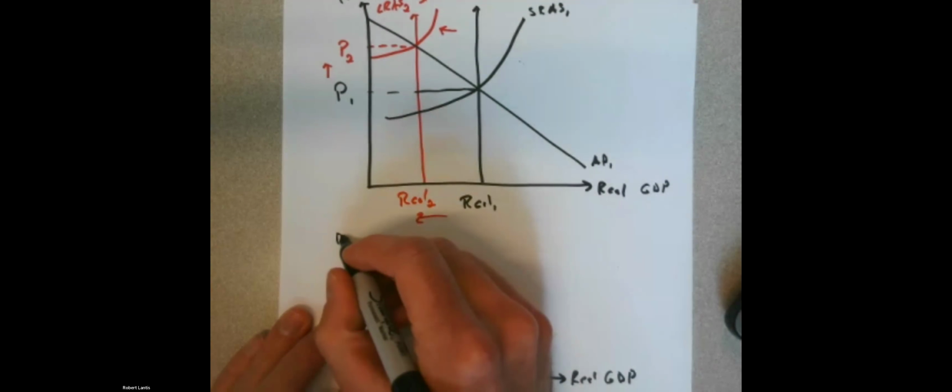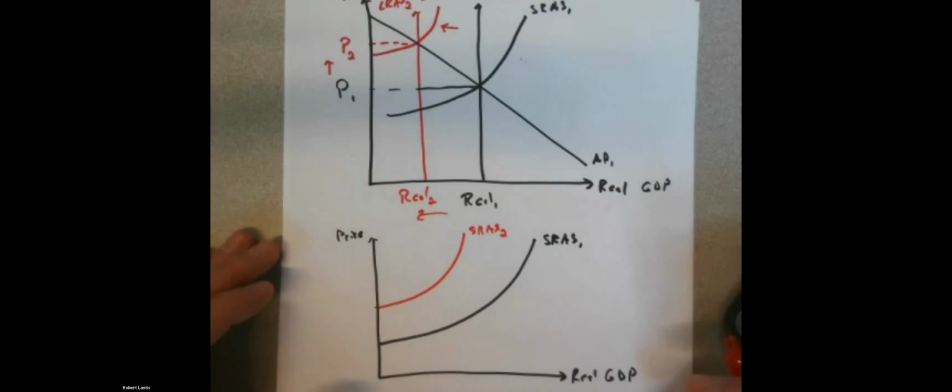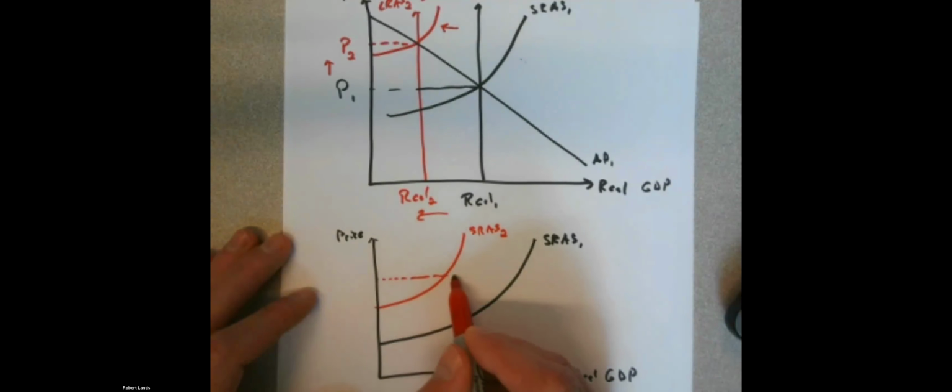just my short run aggregate supply. So let's say my short run aggregate supply initially was here, and my new short run aggregate supply is right here. So if short run aggregate supply is decreasing, we can think of it two ways. Why might I want to produce less?